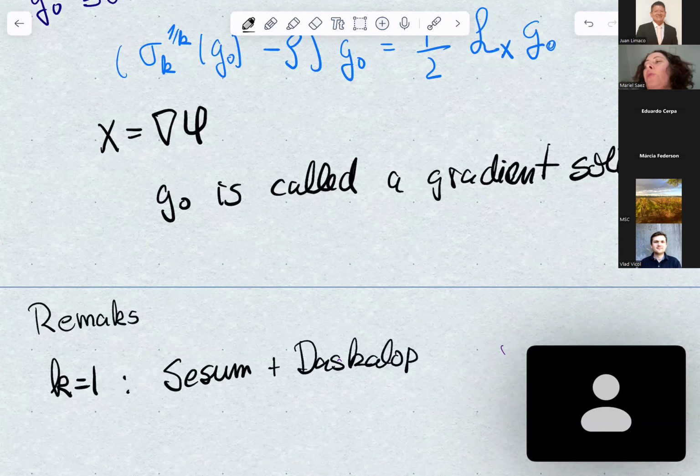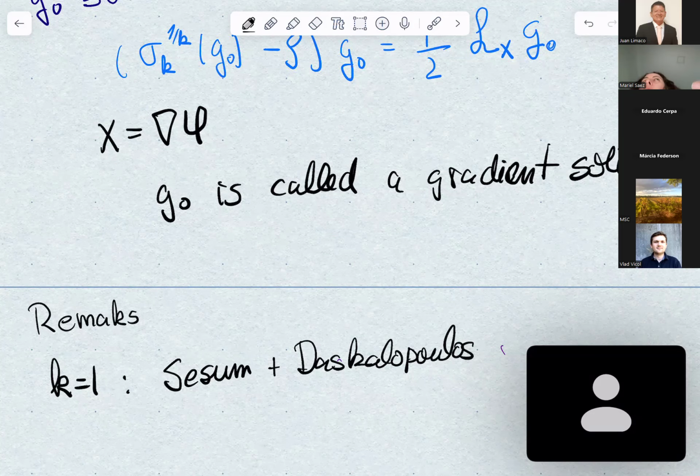And they showed actually that if you impose some curvature condition on your background metric, then all solutions are rotationally symmetric. So again, you go from a PDE to an ODE. So again, you simplify a bit more the problem. We said, okay, maybe we can look then at rotationally symmetric solutions.